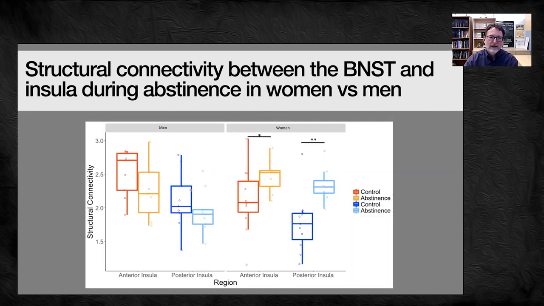However, when they separated the data between men and women, something very exciting to us emerged, which was that in women, a correlation existed between structural connectivity or greater structural connectivity in the abstinent population compared to the control population, both for the posterior insula to BNST and the anterior insula to BNST, something that was not really seen in the males in this cohort.